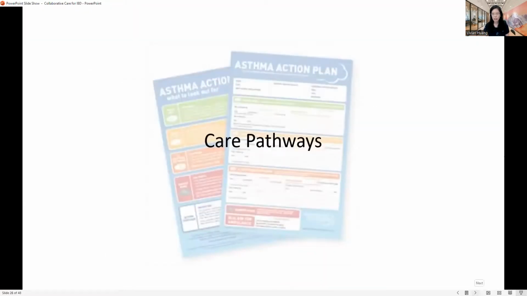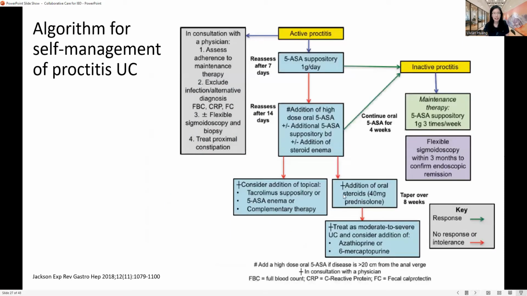And just a brief word on the care pathways. So part of this, I would say, I learned from Edmonton, where we developed a lot of different care pathways, but this has actually been published several times in many different institutions. So I'm sure you all probably have some kind of care pathways that you follow, whether formally or informally.